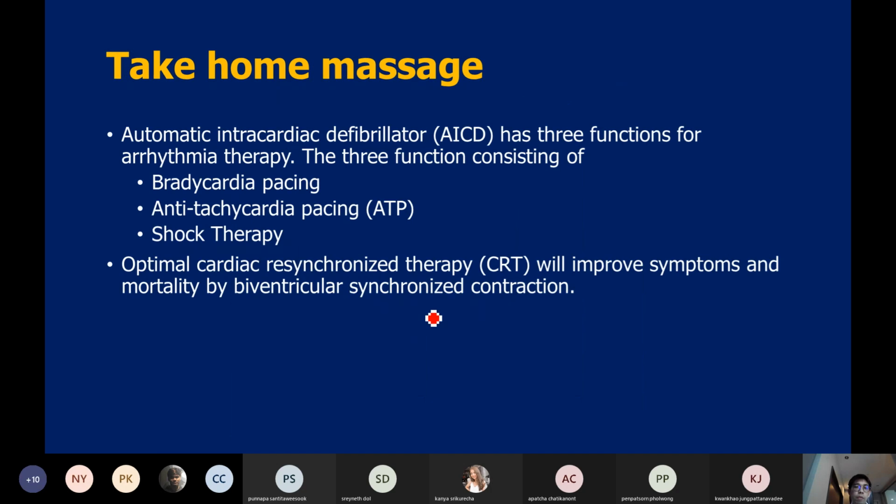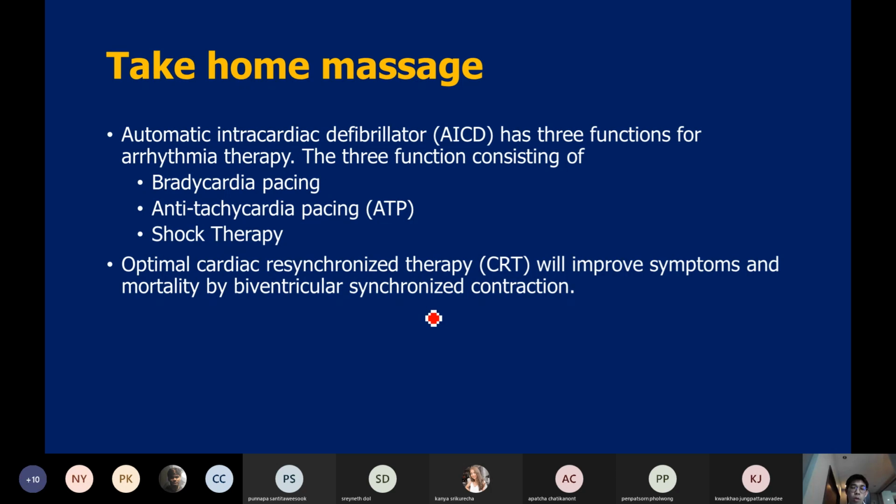So the take home message for this topic is that the automated implantable cardioverter defibrillator has 3 functions. They have bradycardia pacing like a permanent pacemaker. They could deliver anti-tachycardia pacing, which you can program as burst pacing or ramp pacing.